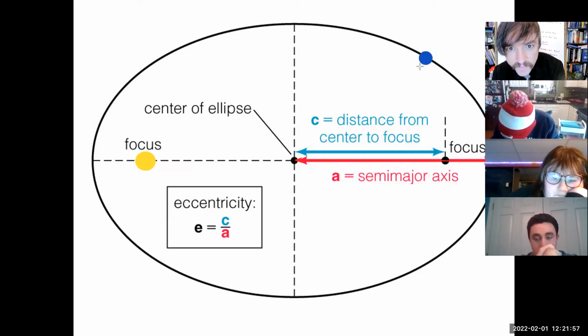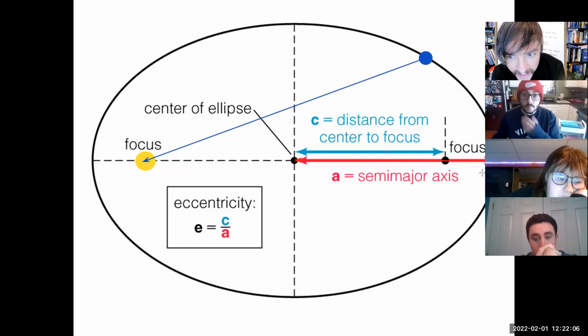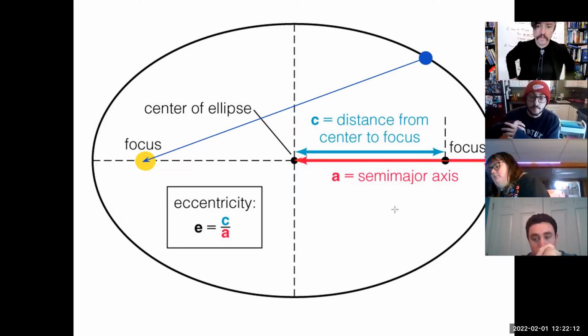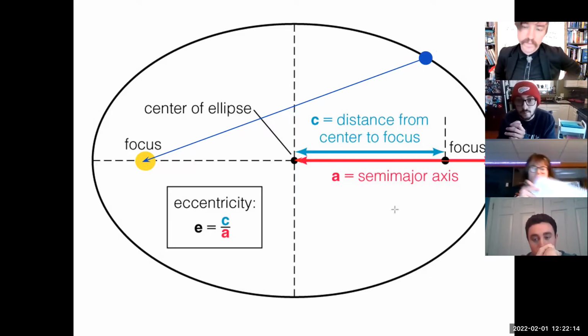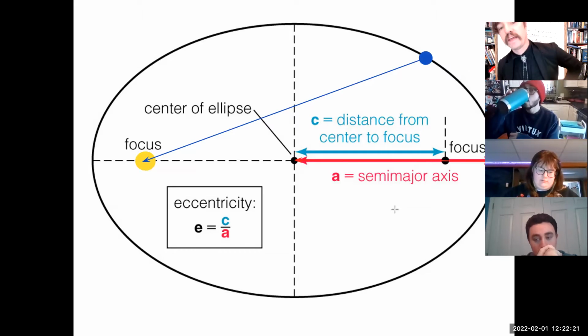Here's the planet. Now, does the distance between the sun and the planet seem to be related to the semi-major axis of the ellipse? Yeah, that converts into that small angle, correct? Not exactly. I can see why you might have said that, Caitlin.